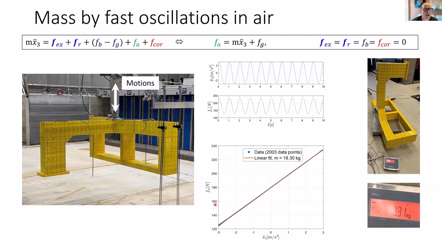In the lower figure, I've shown all the measured data points as dots in this graph, where I have acceleration along the x-axis and forces by the actuator on the y-axis. We see that all the measurement points lie on a straight line with the slope matching the mass of the platform. So that's a nice little check.